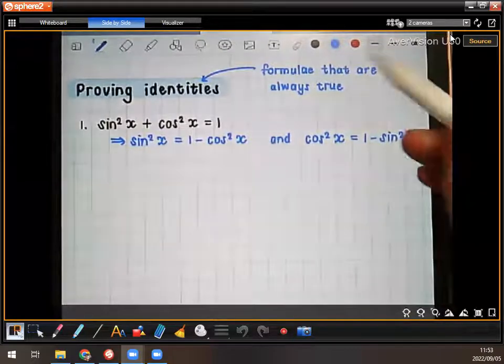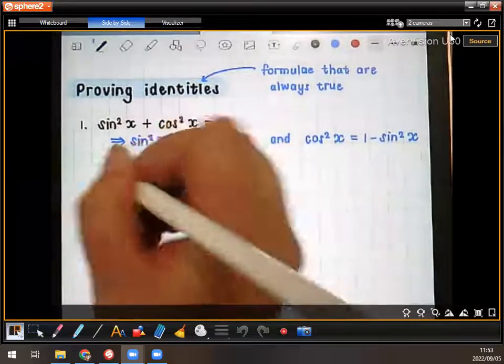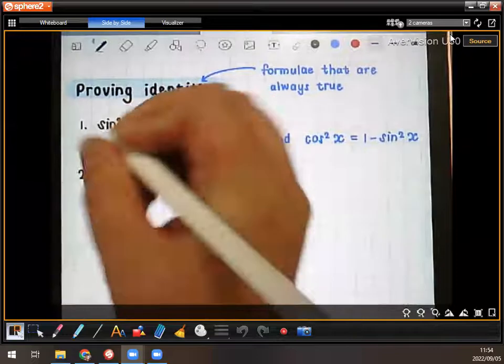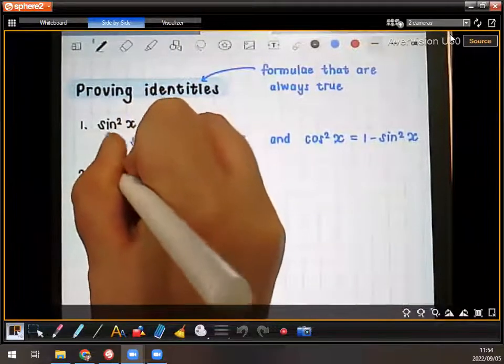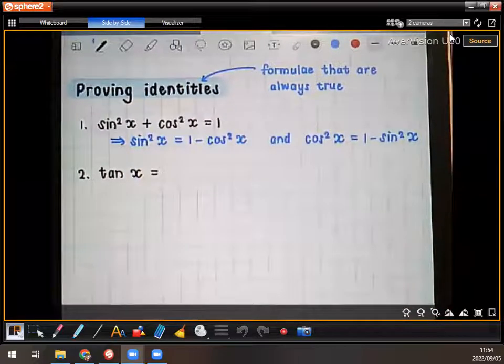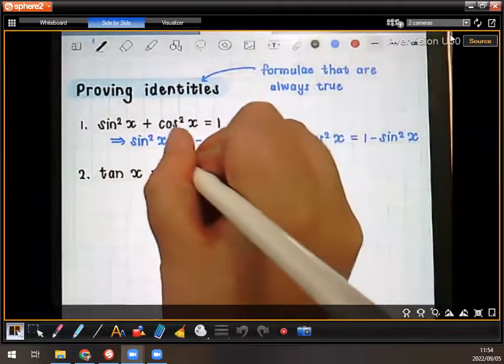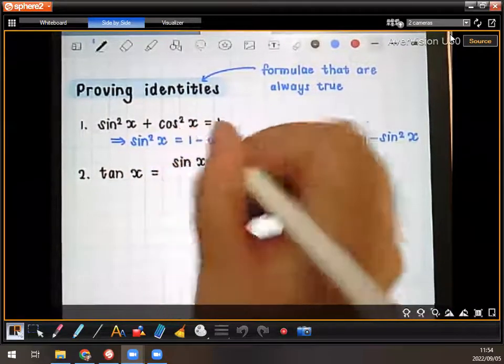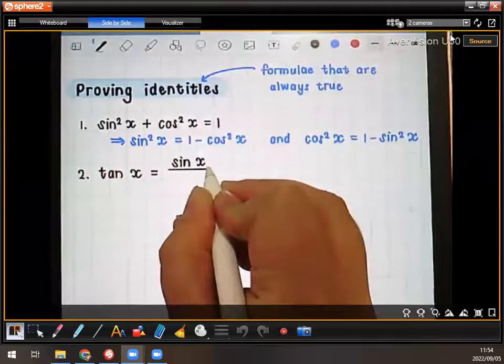Okay, so that's the first identity. The second one is that tan x, you might have actually been using it, possibly, is sine x over cos x.